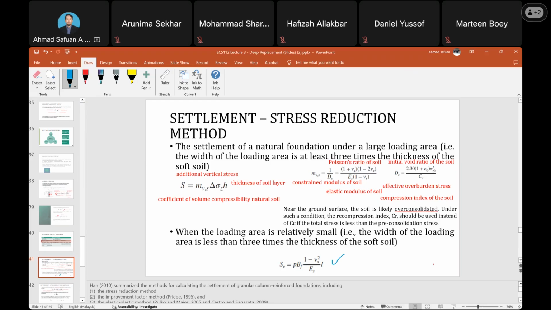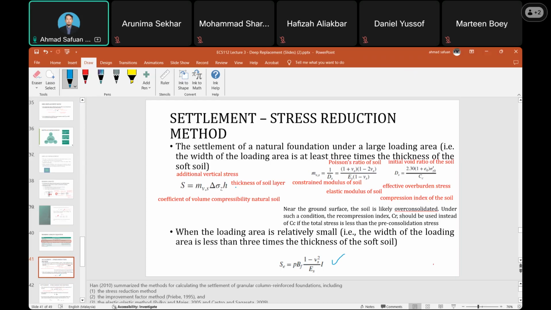It depends on the condition. If the width of the area, for example usually for an embankment, is very wide compared to the thickness of the soft soil, then we may use the first equation.